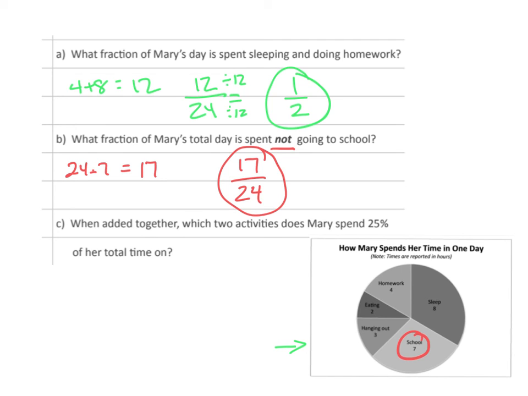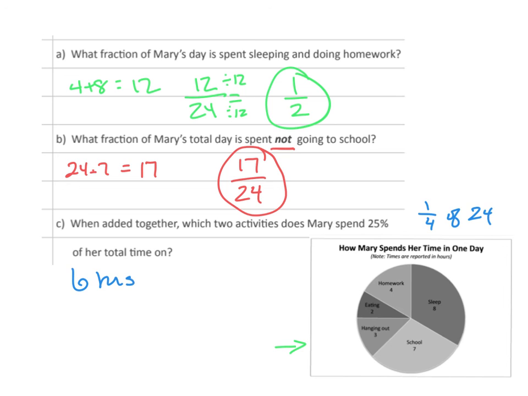Last one, letter C. Again, erase my circle so I don't get mixed up. When added together, which two activities does Mary spend 25% of her total time on? 25% is 1/4. 1/4 of 24 hours. If I divide a day into 4 parts, that gives me, I believe, 6 hours.